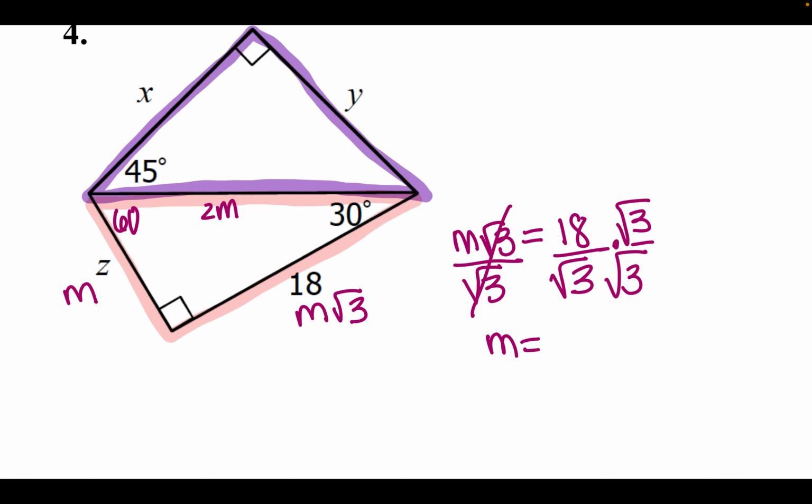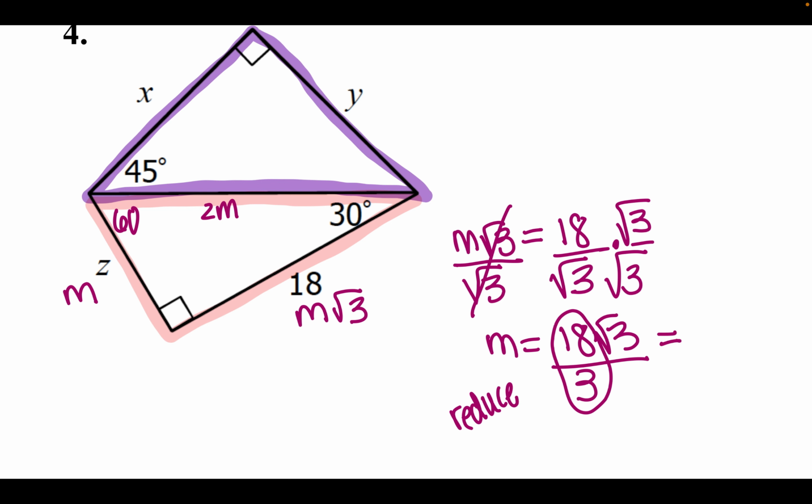So we have m is equal to 18 square root of 3 over, well, square root of 3 times square root of 3 is square root of 9, which is just 3. So I'm going to go ahead and just put 3 on the bottom. But we're not done yet, though. This 18 and 3 can reduce.